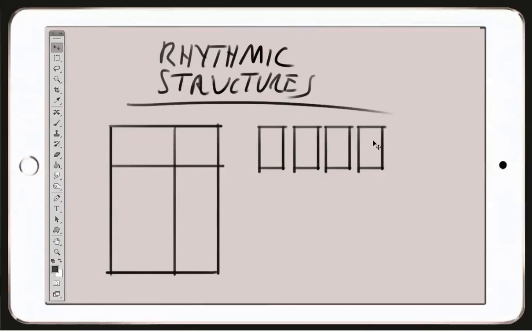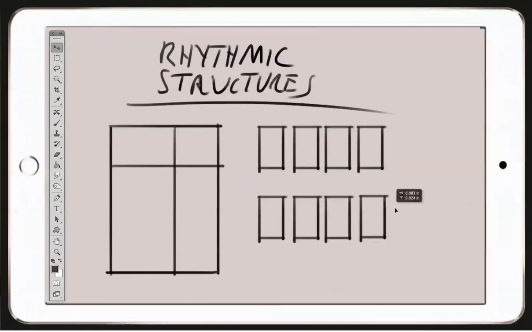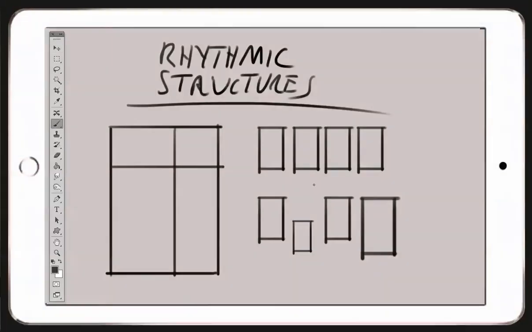What I'm going to do now is I'm going to select these shapes and then make a copy of them. Next, I'll take this shape and enlarge it somewhat. And I'll take this one and reduce it like that. What I've done here is I've created a variation on this repetition of the rectangular shape.